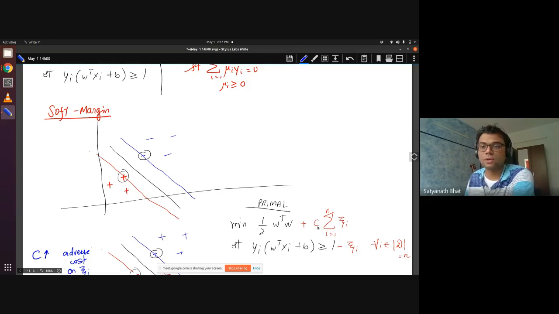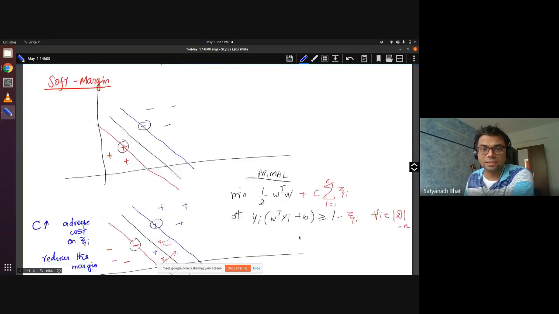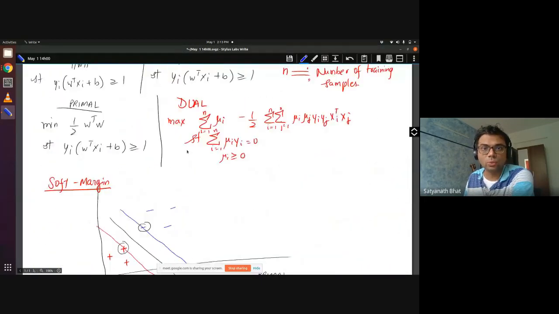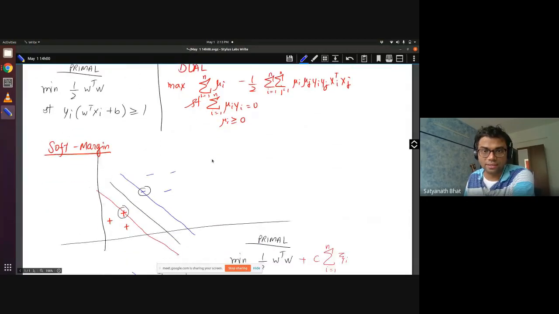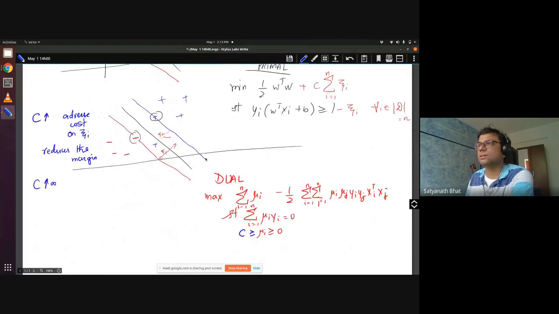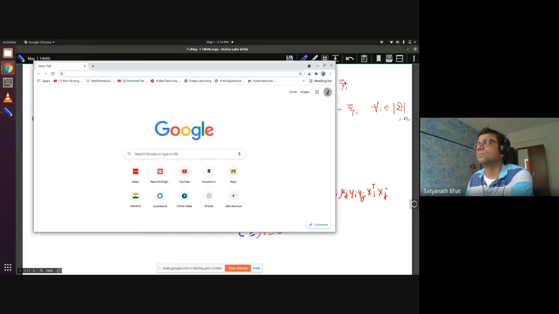So you cannot set C equal to infinity and hope things will work. So the similarity that you see by setting C equal to infinity between this dual and the hard margin dual is just not the same. Any case, I hope this was clear. So let's look at a demo to see how this works. Let me just go to my.